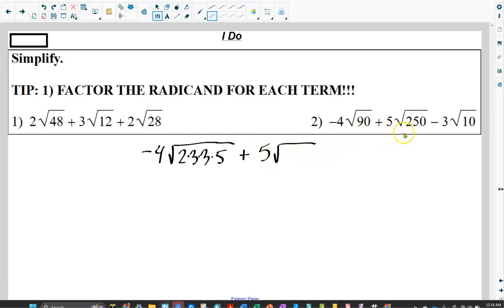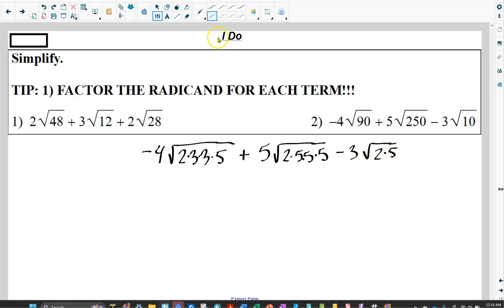Okay, that's a big number. What's that? 25 and 10. So that's 2 times 5 times 5 times 5 minus 3. And that's just 2 times 5.